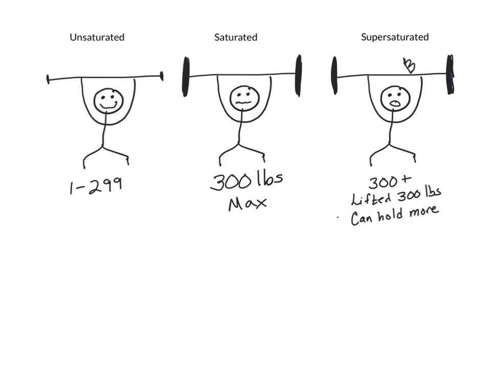Now, if you put too much on, then it will crash. Notice that this is very unstable. If you tickle him a little bit here, the butterfly will fly away. The butterfly flies away, and he goes back to having just 300 pounds, what we would call saturated.